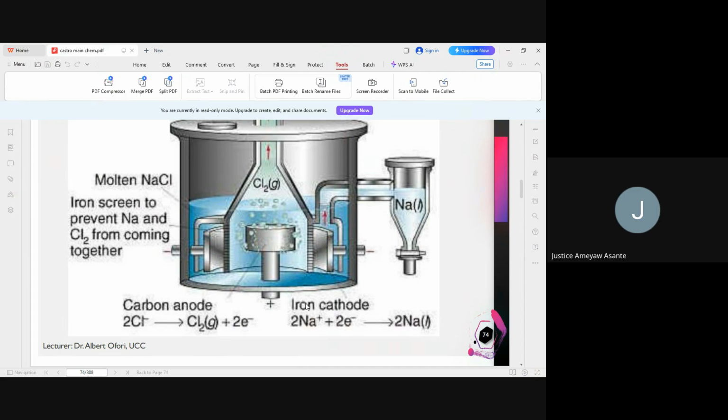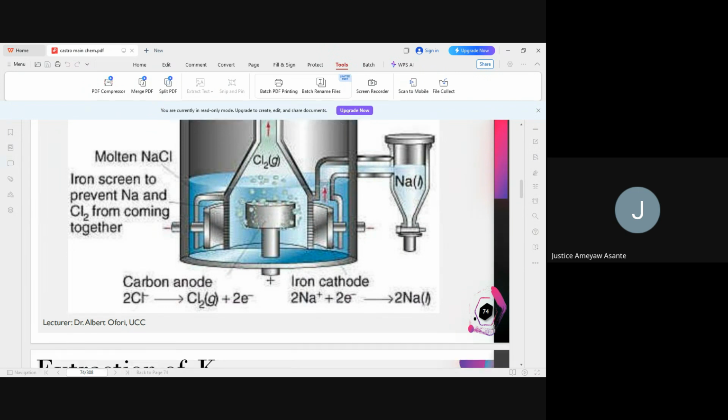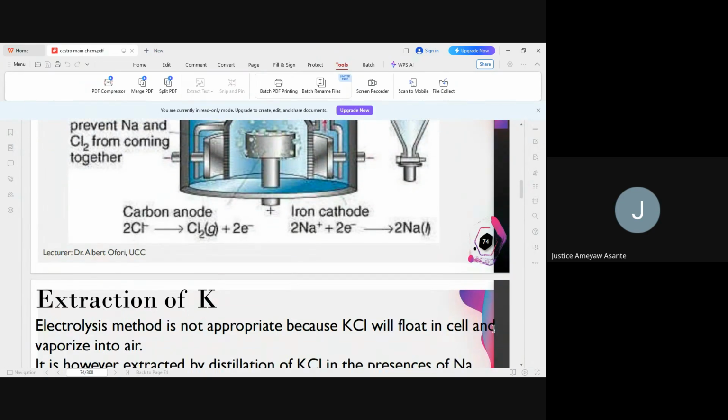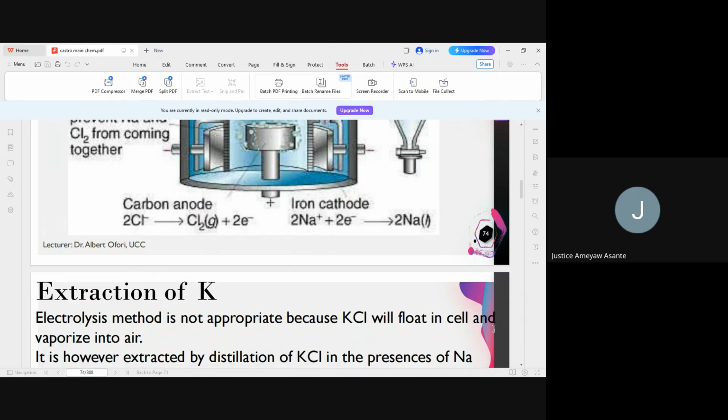The sodium ions, as I've just explained, will migrate to the cathode, take electrons, and be reduced to sodium metal. Then the chloride ions go to the anode, give their electrons to the anode, and are oxidized to chlorine molecules. So that's how we are able to produce sodium metal.